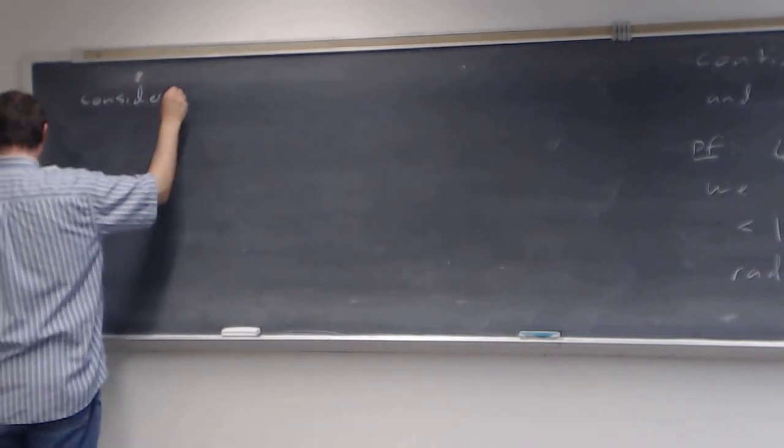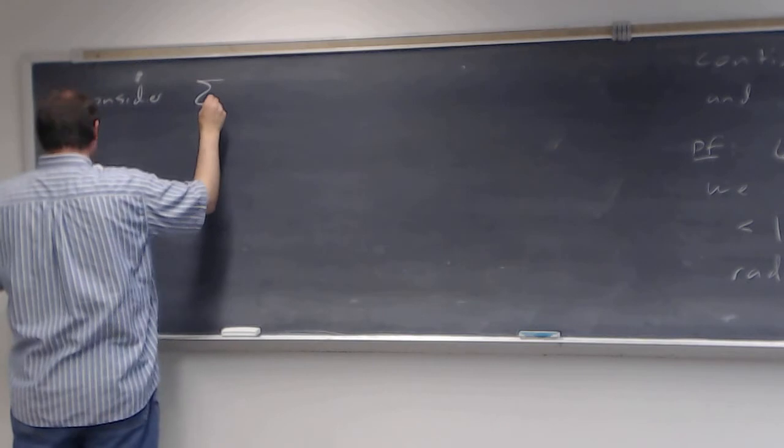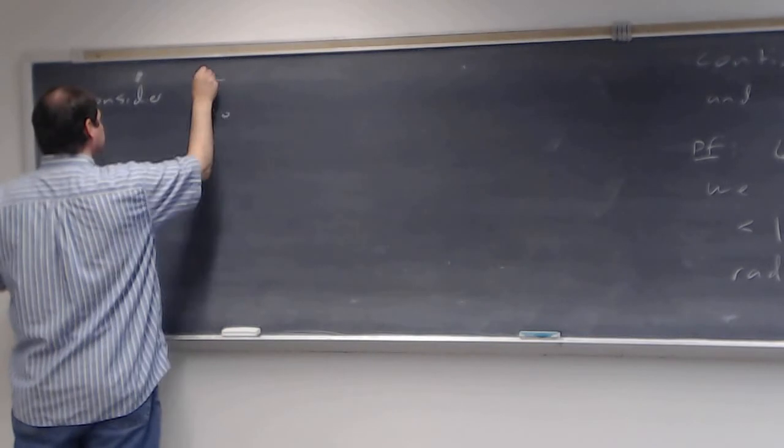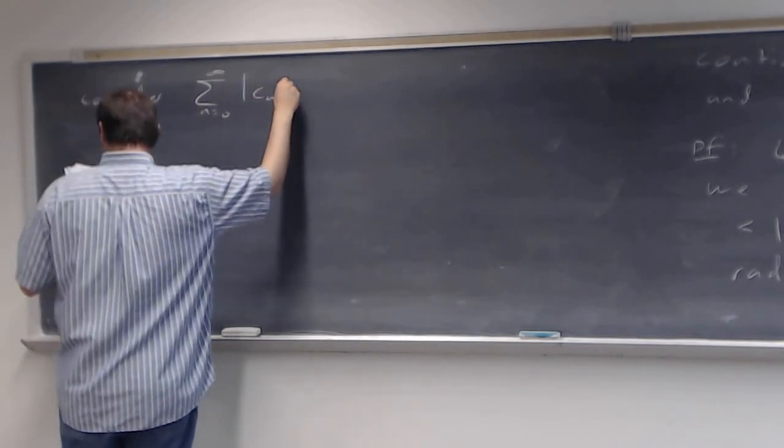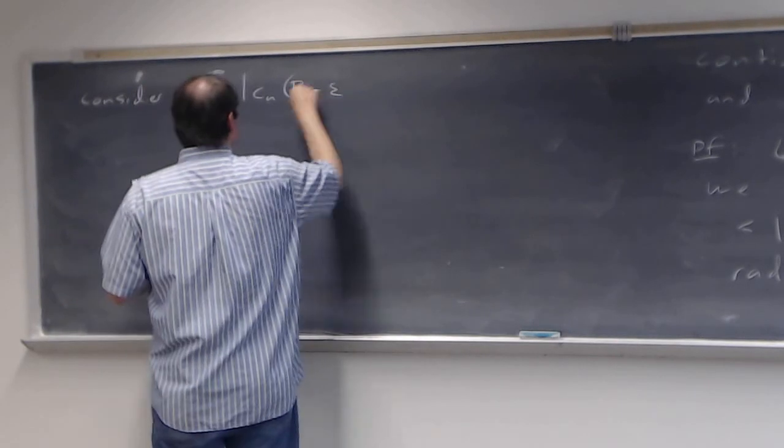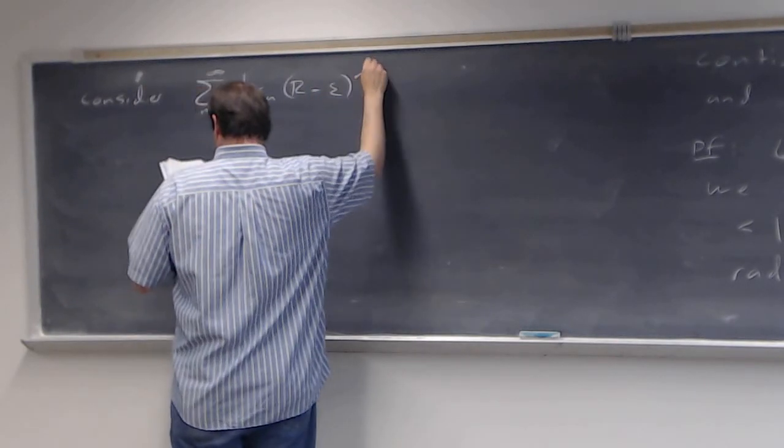Consider the sum as n goes from 0 to infinity of c sub n times r minus epsilon raised to n.